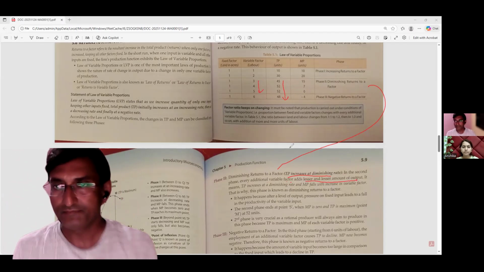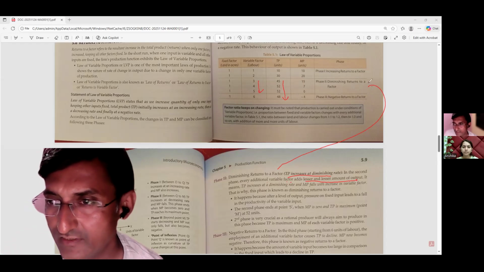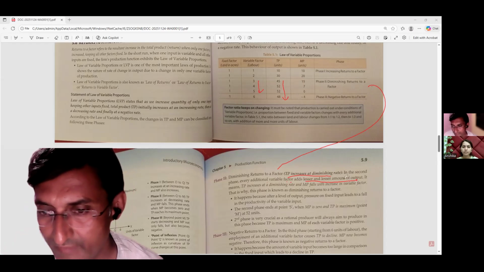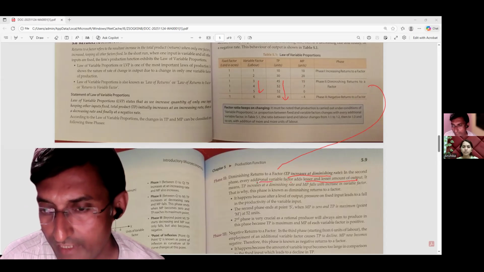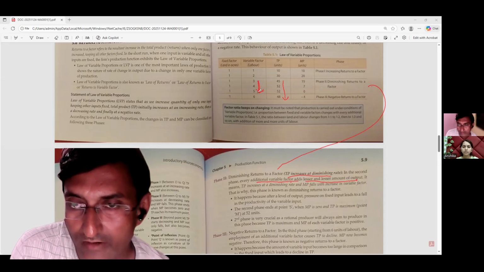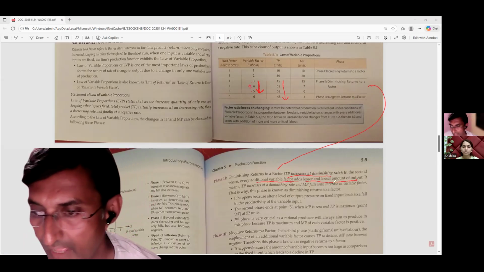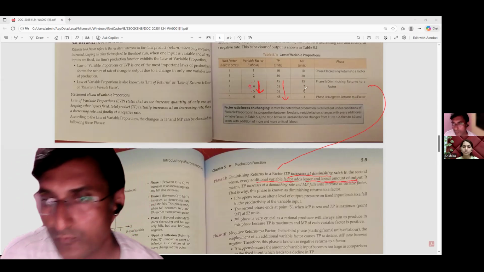I'll repeat it again. Why is it called a diminishing return to a factor? Because in the second phase, every addition of the variable factor, that is 3 to 4, 4 to 5, everywhere is adding one factor, but they are giving a lesser amount of output.